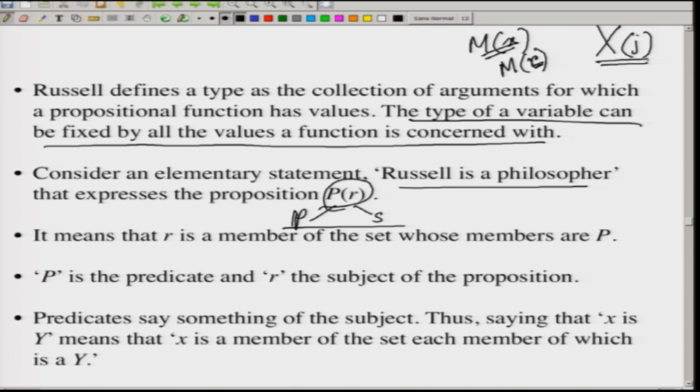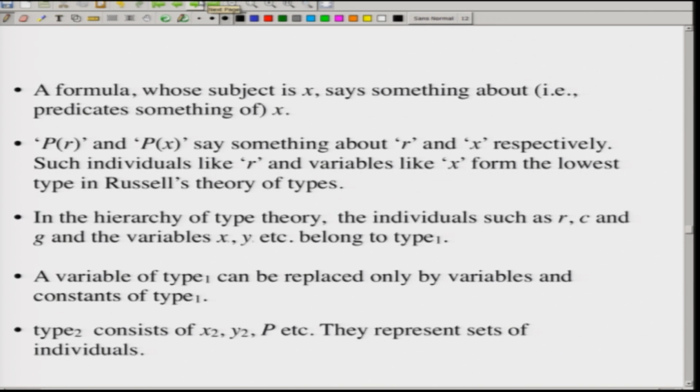Now, as we said, this would be the predicate and this the subject. Predicates say something of the subject. Thus, saying that X is Y means that X is a member of the set, each member of which is a Y. For example, as we have seen when we say that Russell is a philosopher, we do this.